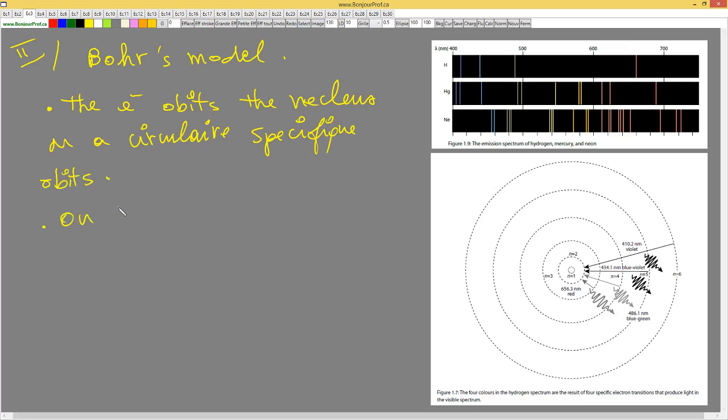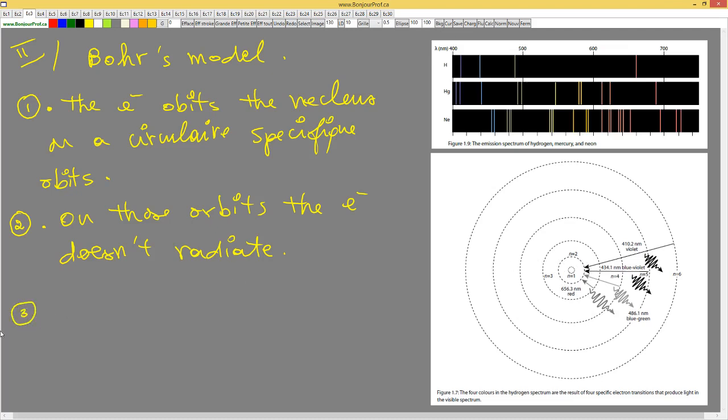On those orbits, the electron doesn't radiate, doesn't emit energy. This is the first point. This is the second point. So it is on specific, circular orbits, and once it is on these orbits, it will not radiate.